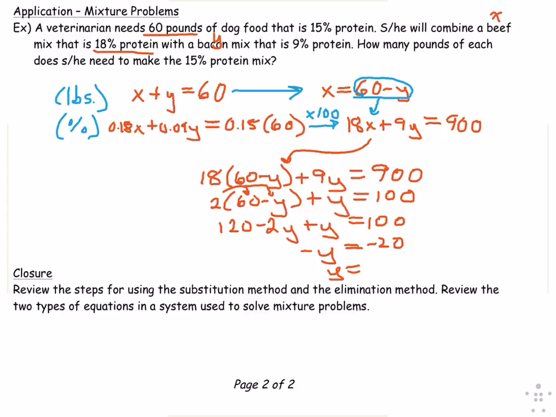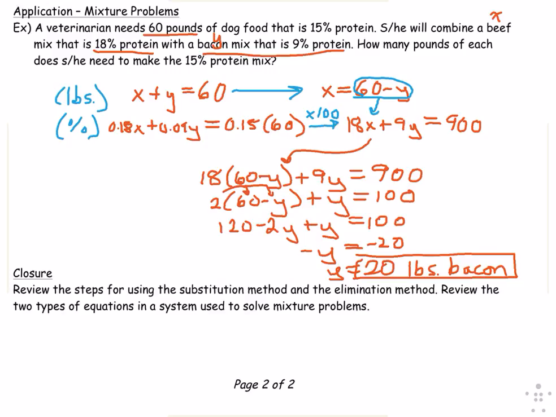And I find, well, let's see here, I labeled the y value as bacon mix. So that means I need 20 pounds bacon mix. Because this is a real-world problem, I don't just want to present the answer as some ambiguous ordered pair. So I want to say 20 pounds bacon mix, which contributes 9% protein.